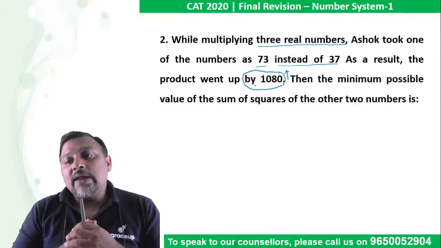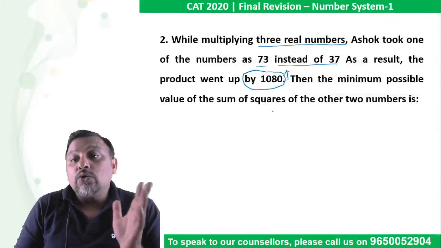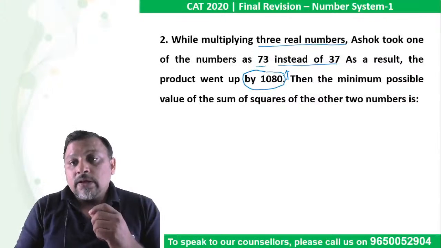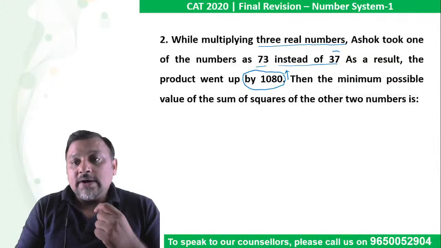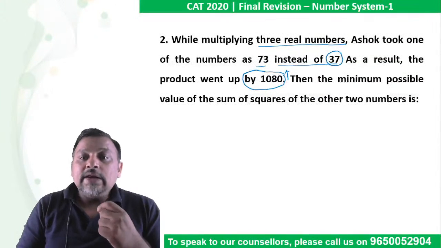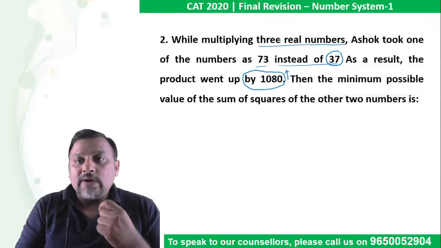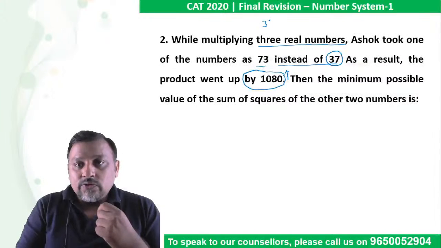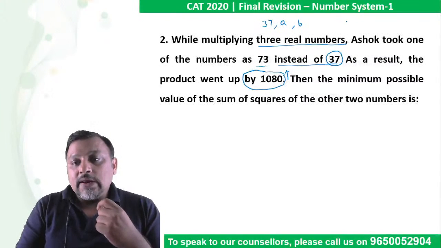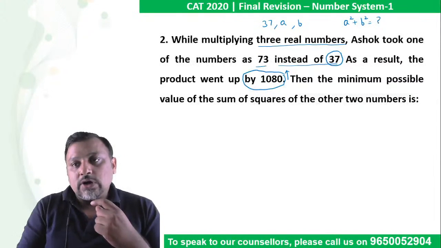So I need to find the minimum possible value of the sum of the squares of the other two numbers. One of the numbers we already know, it is 37. So if I say the three numbers are 37, A and B, what I need to find is A square plus B square. This is what is required to be calculated.